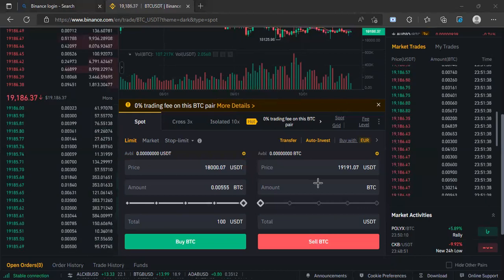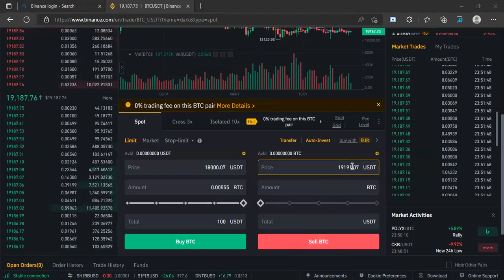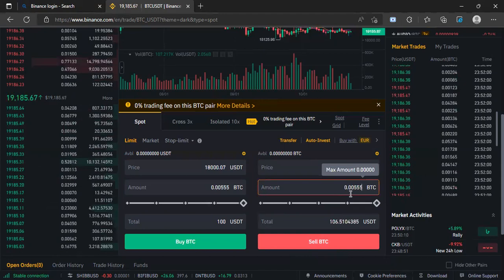You see right at the bottom. Perfect. If you put in right now 0.00555, where it says amount, right there, you see that the amount given to you is $106.